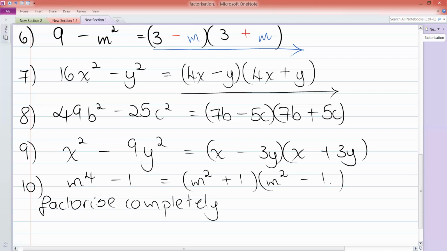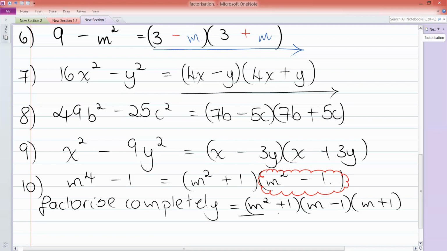M squared minus 1. Brilliant. I can still factorize this further. When they say factorize completely, you have to check if your final answer is actually completely factorized. I can go a step further. M squared plus 1, that one stays the same. We can't factorize it any further. But the second bracket we can. It becomes m minus 1 and m plus 1. Well done.